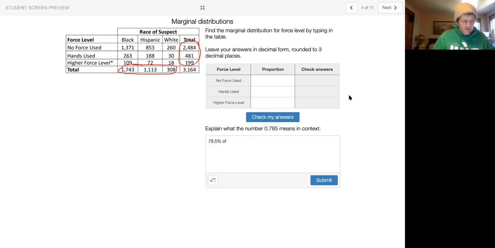In this case, we're talking about the row totals at the end. And so we're looking at no force use. What proportion? We had 2,484 out of, this is your table total in the bottom right corner, 3,164, and that's going to be the 0.785. And we can get our other numbers as well.